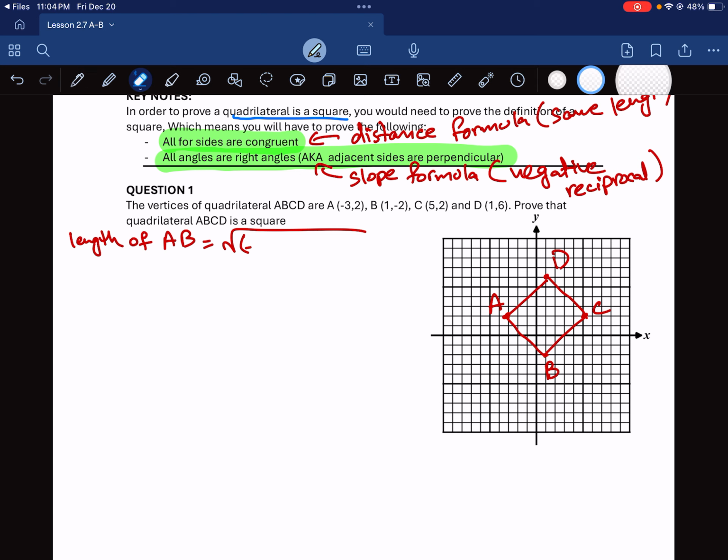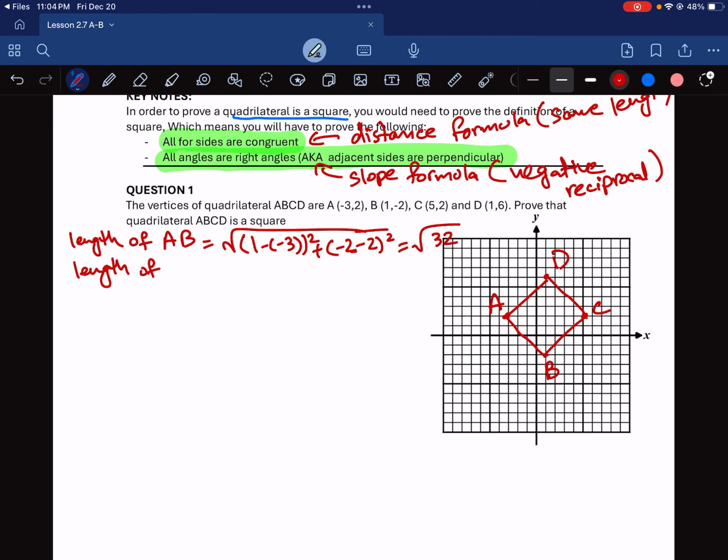It should be the square root of (1 minus negative 3) squared plus (negative 2 minus 2) squared. So that's 4 squared plus 4 squared, which is 32. You can put that in the calculator. I don't have a calculator in front of me, so I'm going to leave it as a square root.